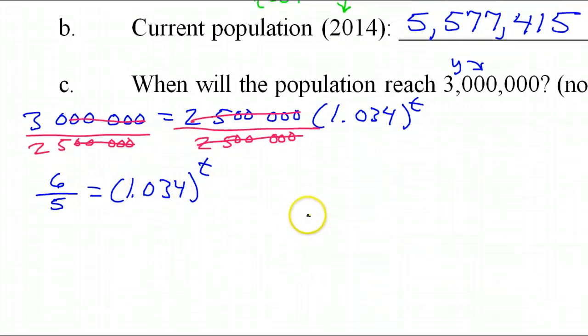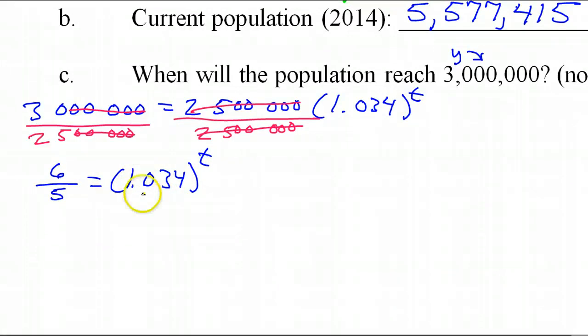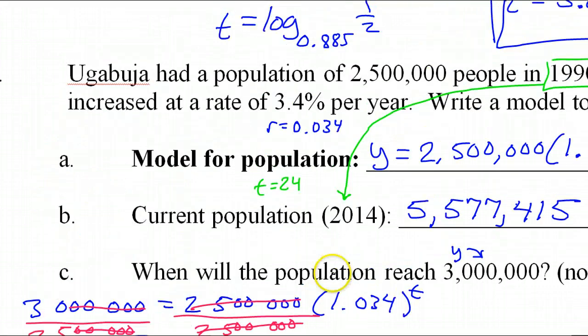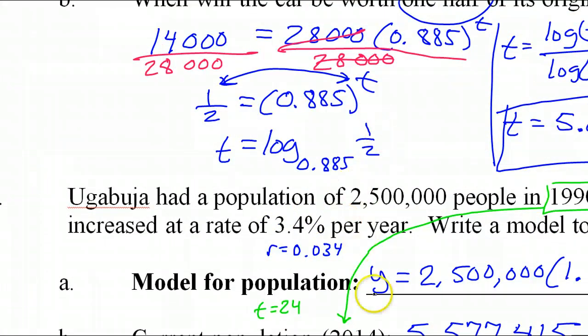Now it's time to put this in log form, starting with the base. Okay, so this will be log base decimal 1.034. Now the t and the 6/5 are going to trade sides. So the t is over here, and the 6/5 is here. Alright, look familiar? Right, this is just how we did the previous problem.